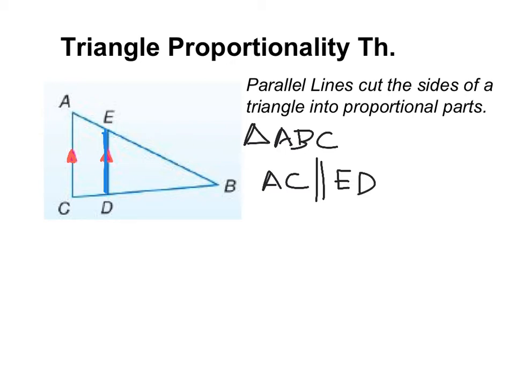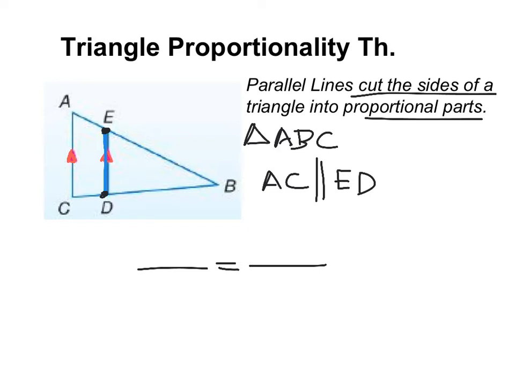ED intersects the side AB at E, and it intersects the side BC at D. So since it intersects the other two sides and the lines are parallel, we know we can set up a proportional relationship because that parallel line cuts the sides into proportional parts.